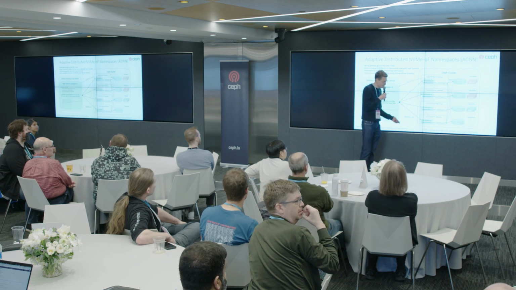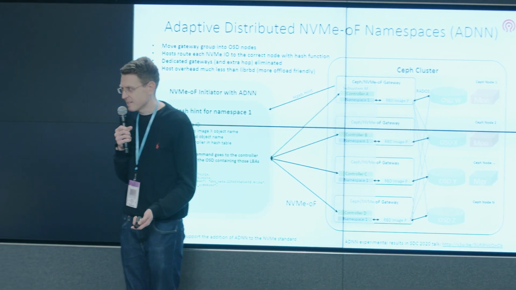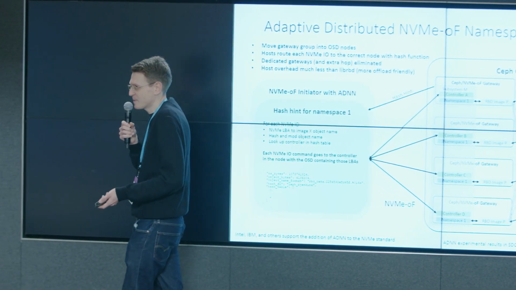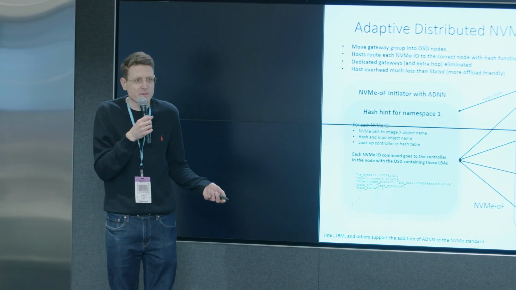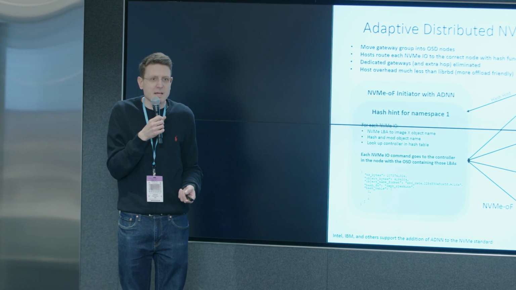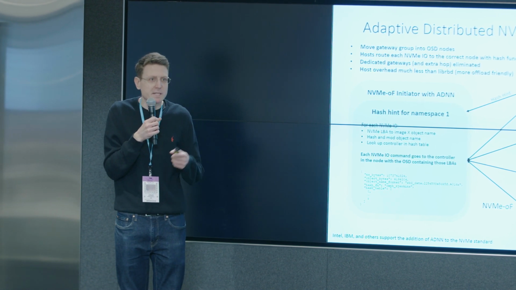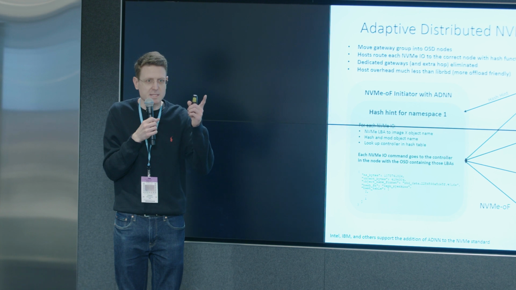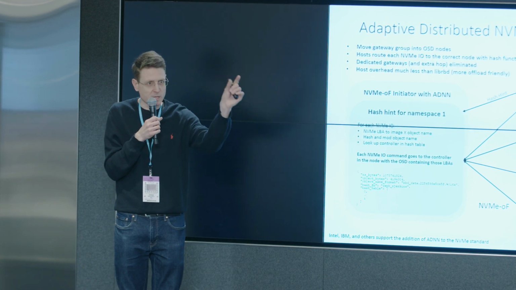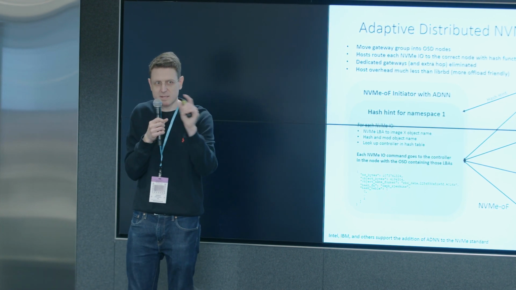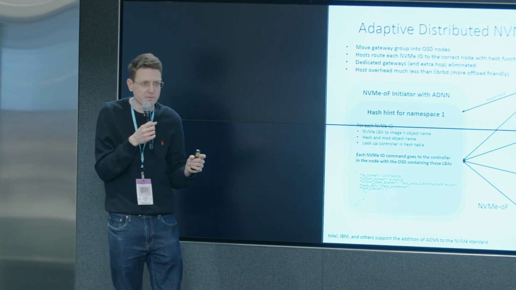I think the problem is, as I said before, that NVMe, from the spec perspective, is a point-to-point protocol. It doesn't deal with you talking with multiple paths, where one path only has part of the image available and the other path has other parts available.